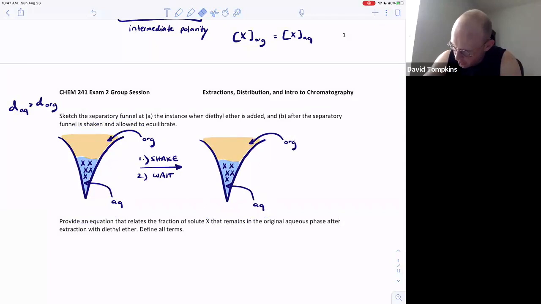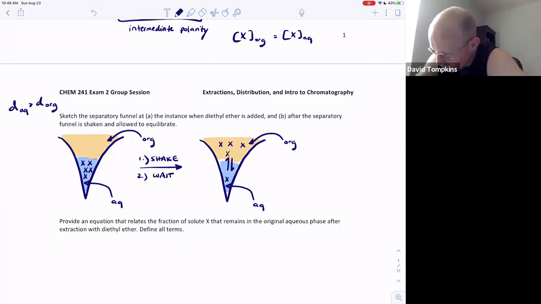Some of the molecules of X are going to exit the aqueous phase and enter the organic phase. This equilibration continues. X molecules from water continue to go to the organic phase, and X molecules from organic continue to go back to water. This reaches an equilibrium, or a partitioning constant is reached.